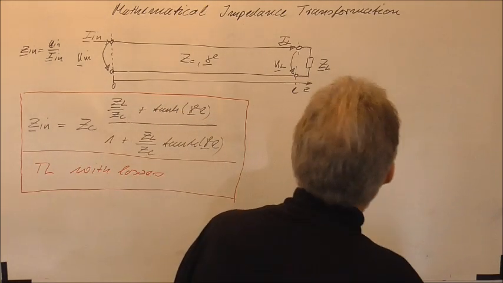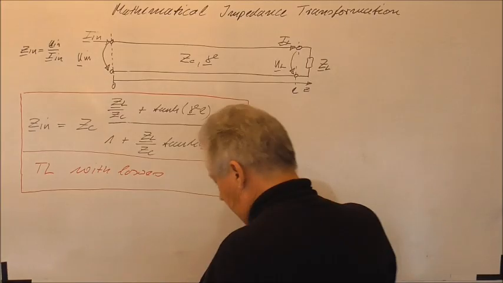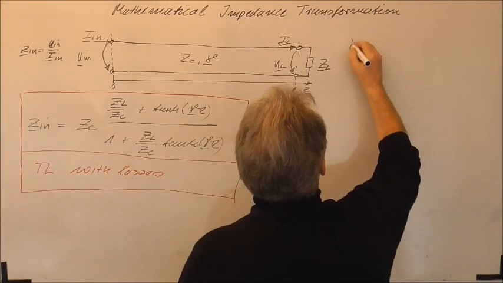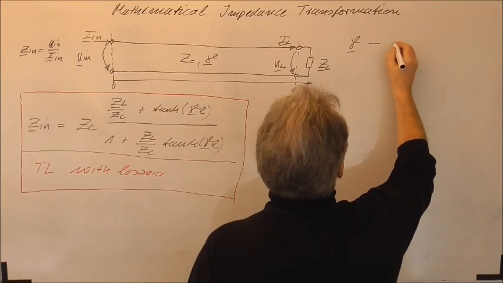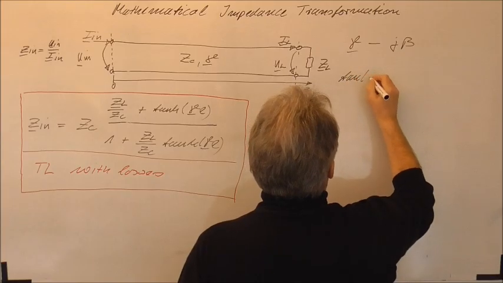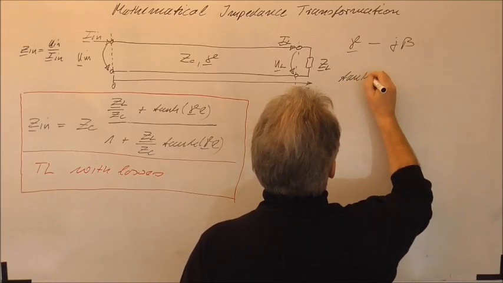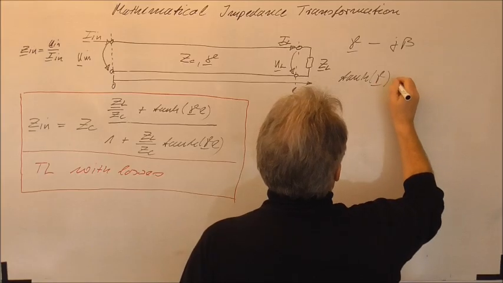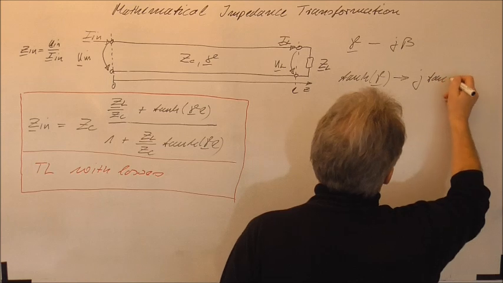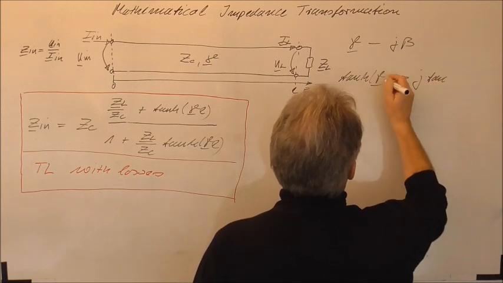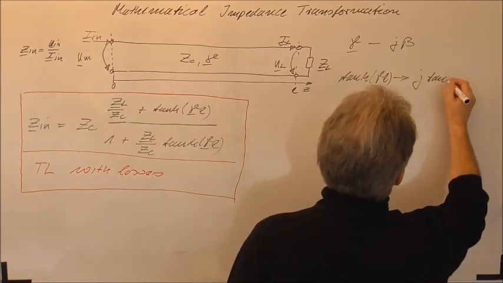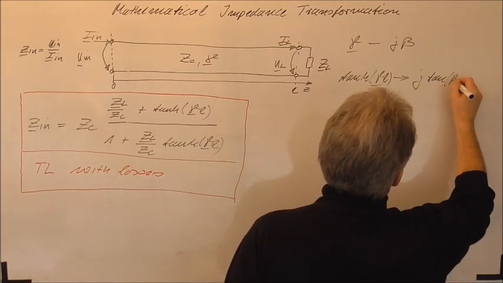In the lossless case we will have that γ goes over to jβ, and tanh of γL goes over to j tan, here we must write γL, and here it goes over into βL.